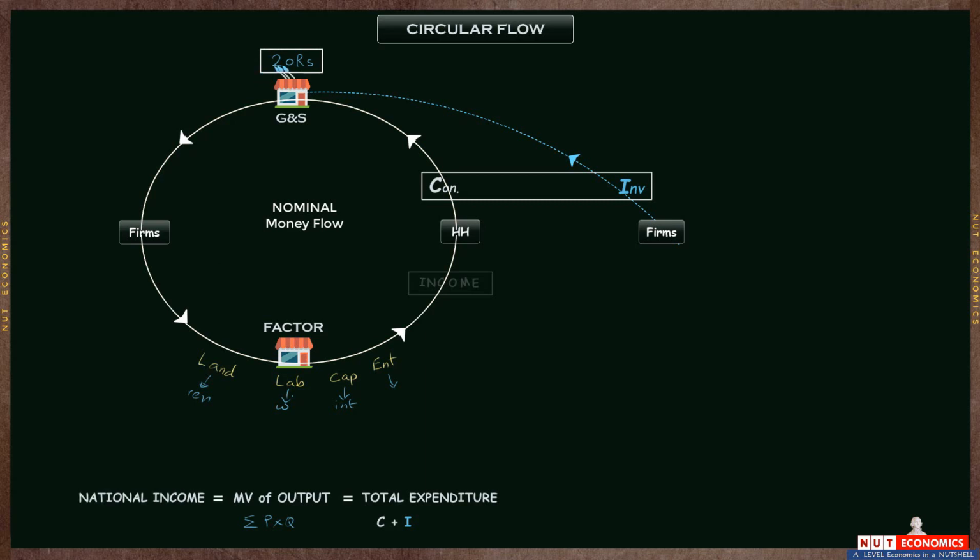Because this 20 rupees of spending, as we just explained, flows back to these firms, and then these firms either keep it as profit or give away wages or rents or interest to the factors of production that have been used to make all of this output.